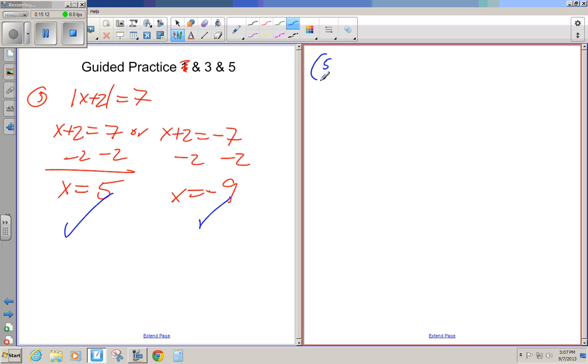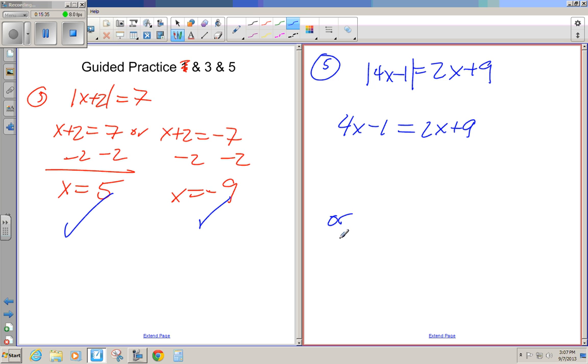Number 5. The absolute value of 4x minus 1 equals 2x plus 9. Now this looks hard, but it's really pretty much the exact same process. 4x minus 1 equals 2x plus 9, or 4x minus 1 equals the opposite of this.